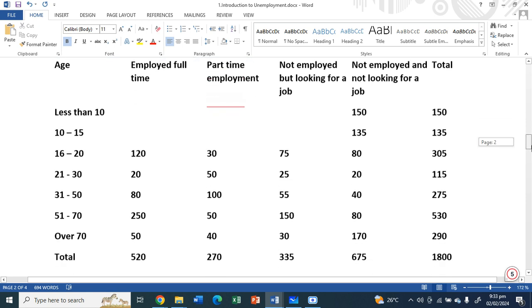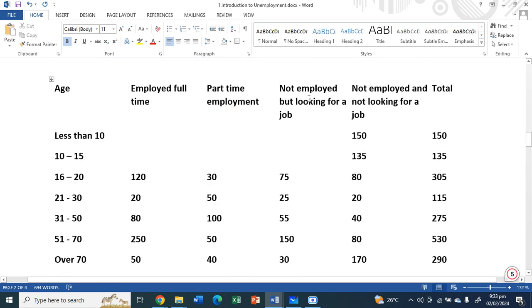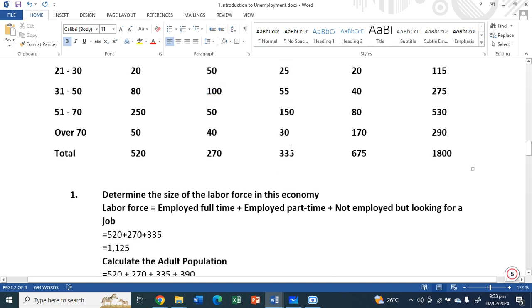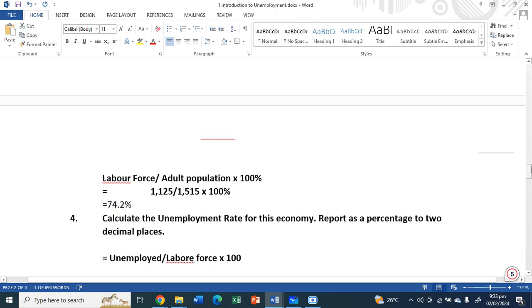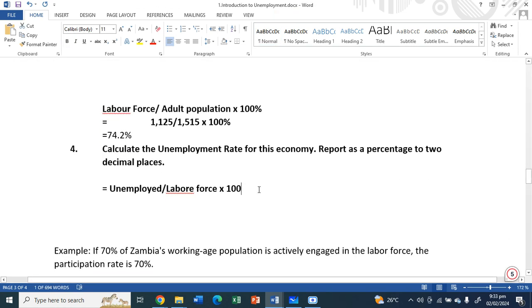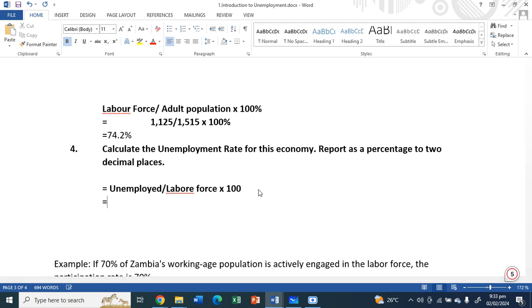So the number of unemployed people in the country is 335. Then the labor force is 1,125. Right, so we're going to say 335 divided by 1,125.